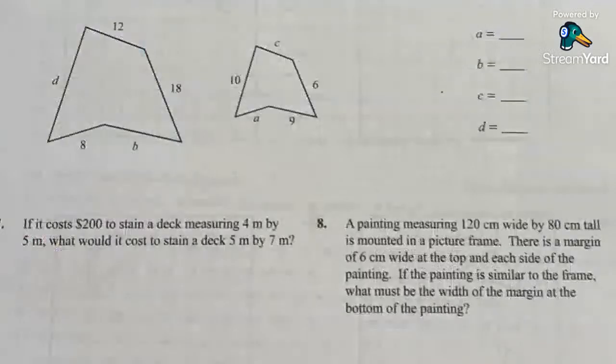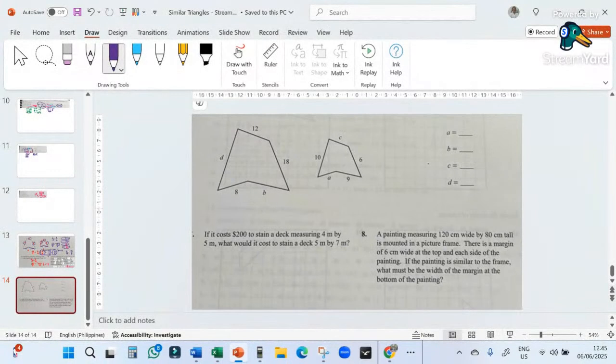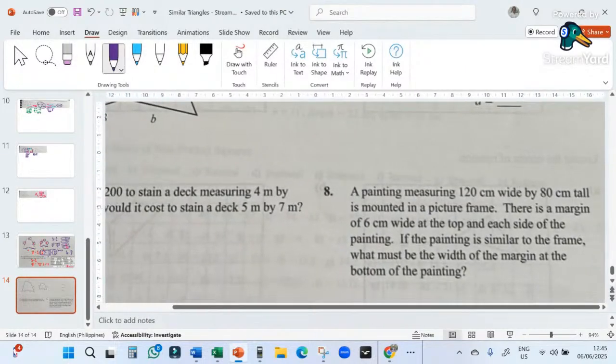So the next question is a painting measuring 120 centimeters wide by 80 centimeters tall. I'll make it wider because it doesn't make sense when that is too short. Okay, this is 120 centimeters wide, the width, and 80 centimeters tall. Is mounted on a picture frame.